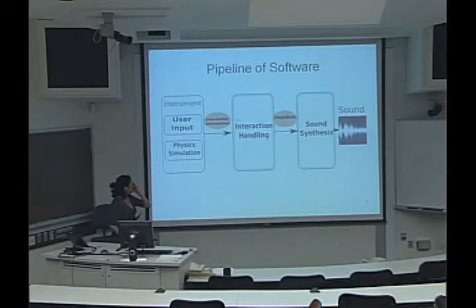This is the pipeline of how our software works. I'm going to go through each module step by step, and then I'm going to pause and ask for questions about everything I've covered so far before I move on. We implemented this both on graphical tablets, which are things that artists use, and a multi-touch table. Regardless of what the instrument is, you have user input, the user touching the instrument.